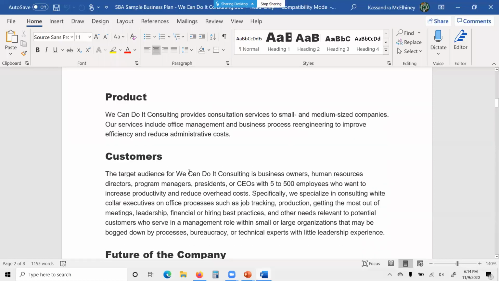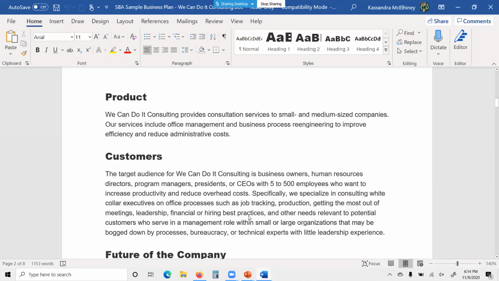Things such as what is the product, or in this case, we have a consulting business, so we have a service being offered. Who is the service being offered to? Consulting services, primarily to business owners, HR directors, program managers, etc. And they do mention specifically what their consulting is focusing on.